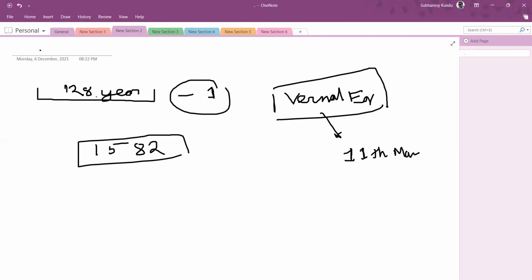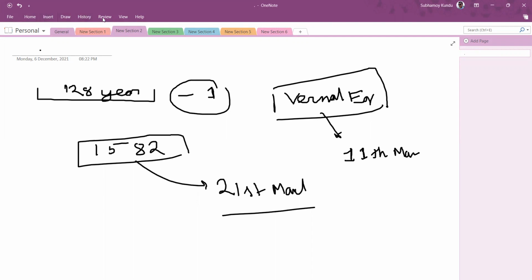In the calendar at that time it fell on 11th of March. As it was 1 day short each 128 years, it fell about 10 days short. So the vernal equinox happened on 11th of March instead of 21st of March.